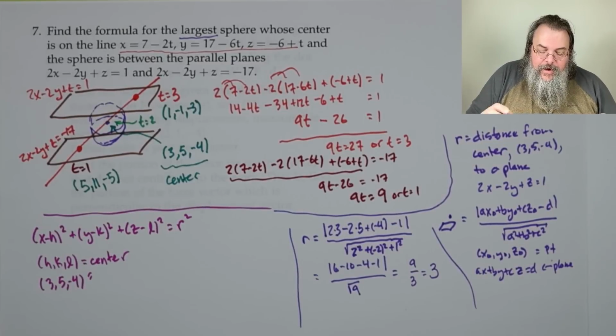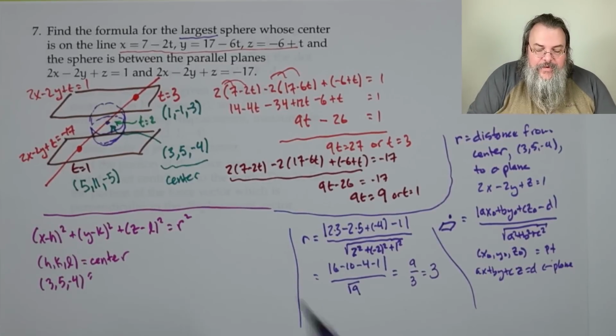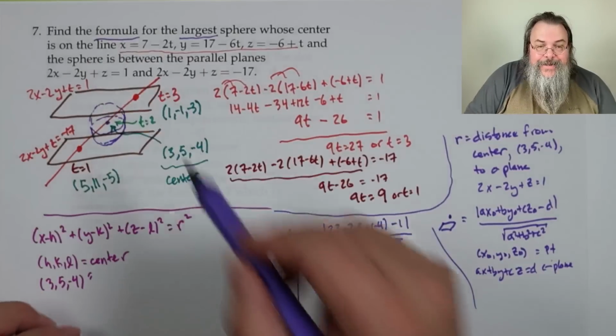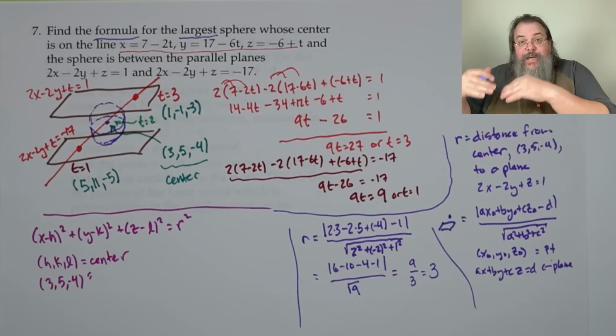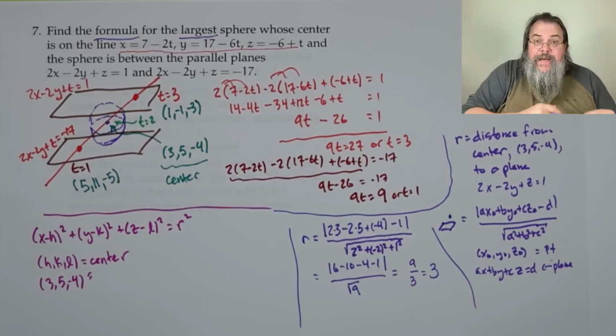Okay, so our final answer, right? Because it says find the formula, our answer needs to be a formula. Make sure you answer the question in the way it was asked.